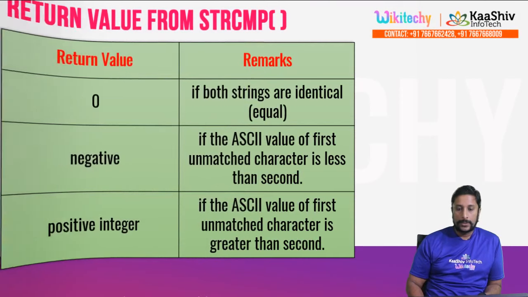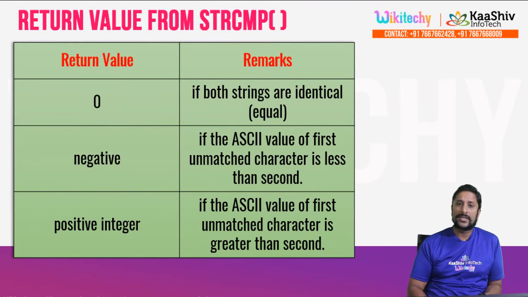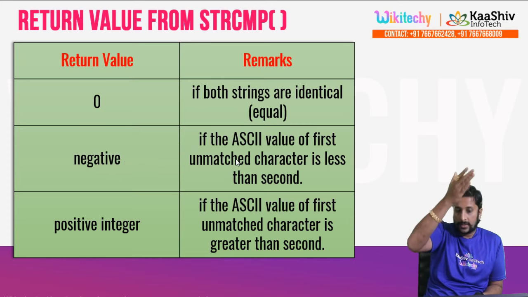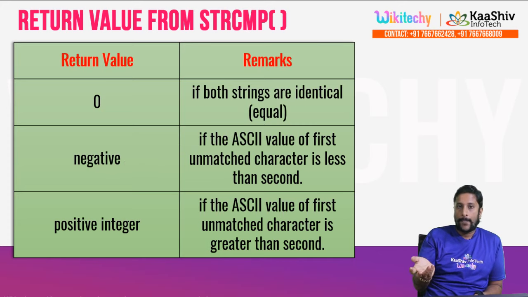Considering I'm using strcmp, if the result is 0, both strings are identical. If it is negative, the first unmatched character is less than the second.